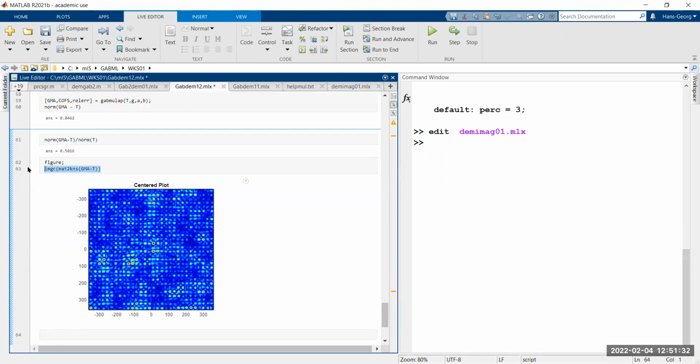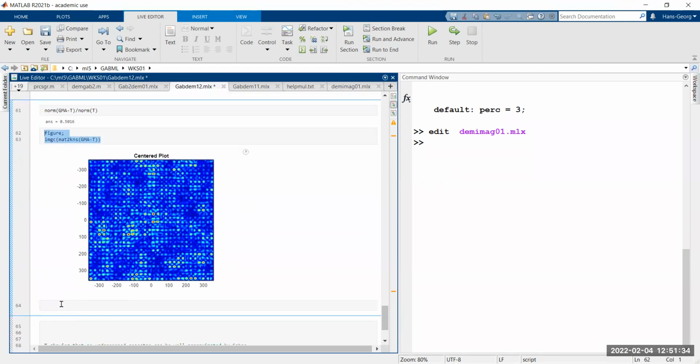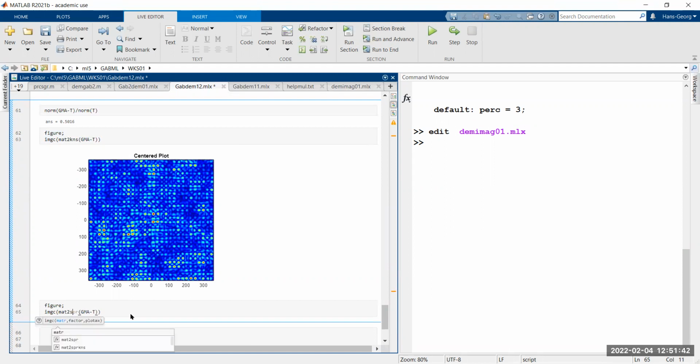We could also try to see where the error is in the frequency domain. So instead of the Kohn-Nirenberg symbol, we would look at the spreading function of the difference, but we know it will be concentrated, so we do just a strong zoom. We do a plot, maybe yellow, and try this also.